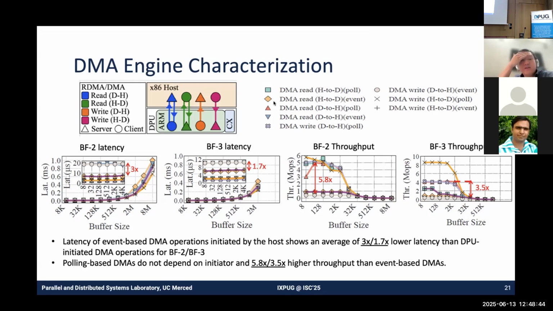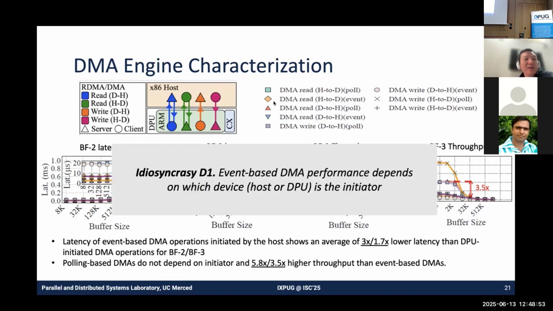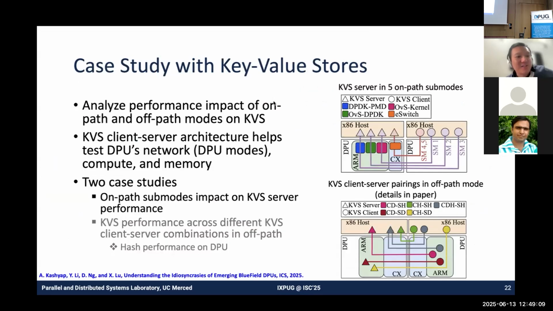So we observe 5.8x or 3.5x higher throughput than event-based DMAs, no matter whether you do it from the host side or the DPU side. Which means the event-based DMA performance depends on which device is the initiator, which brings some other complexities in your code if you try to use this DMA engine. Like I said, unfortunately, we cannot discuss the others, but please read our paper.